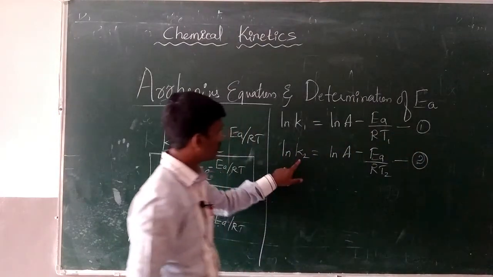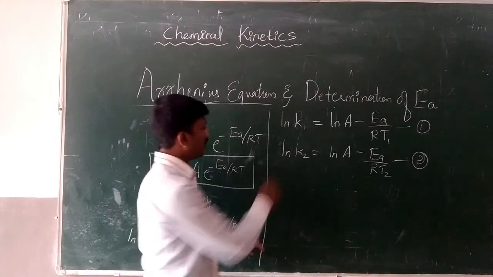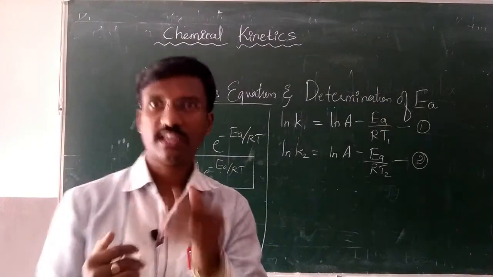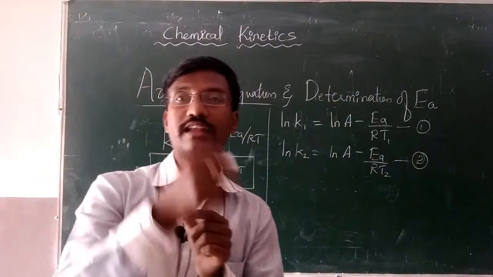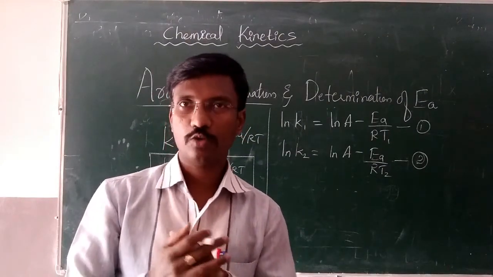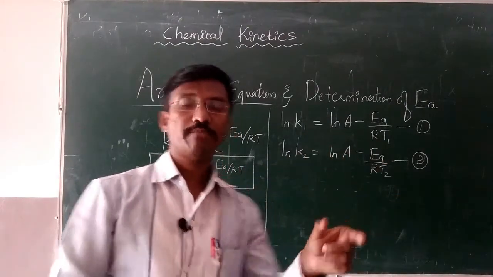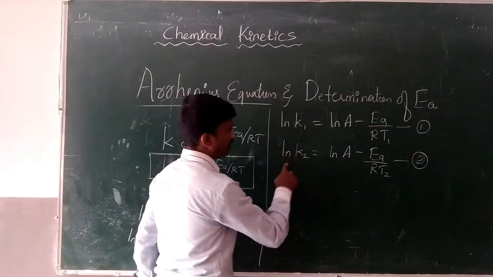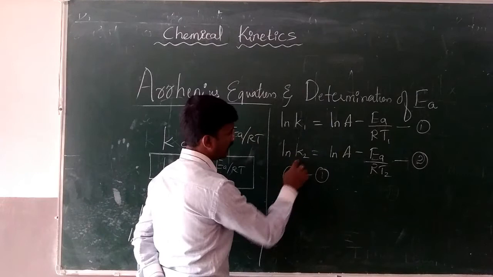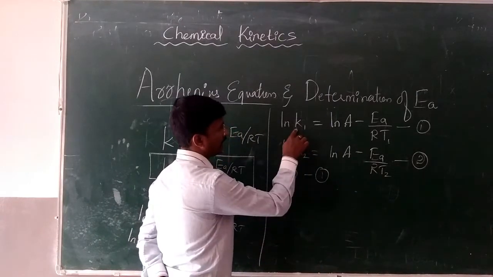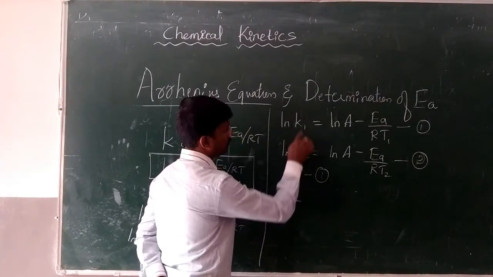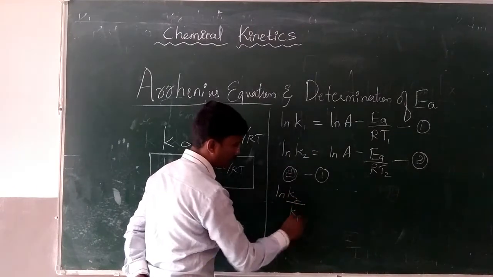So by these two expressions, we subtract equation 1 from equation 2, that is, we take k2 minus k1. When we take ln k2 minus ln k1, we use the rule that log a minus log b becomes log a by b. I hope you are getting my point. Therefore, ln k2 minus ln k1 is ln k2 upon k1.